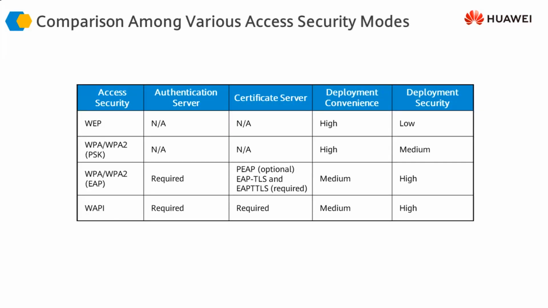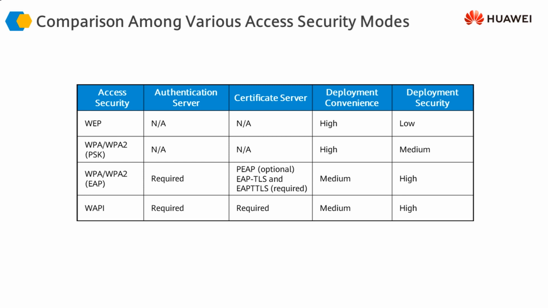So here is a general comparison between all the security or authentication modes and encryption modes that we have discussed so far. As I said, our focus should be here, WPA or WPA2 with PSK, pre-shared keys, and WPA or WPA2 with EAP. This is for smaller enterprises or smaller SOHO environments, and this is for larger enterprise environments.